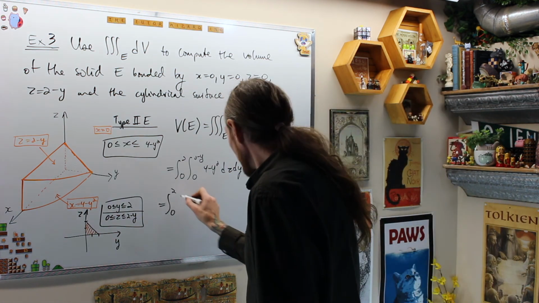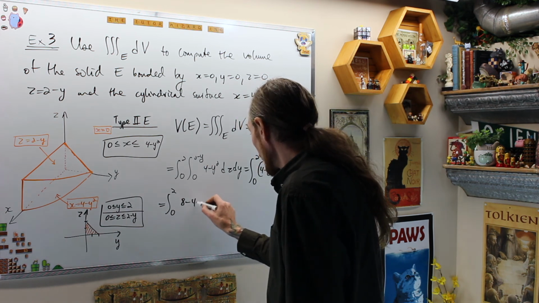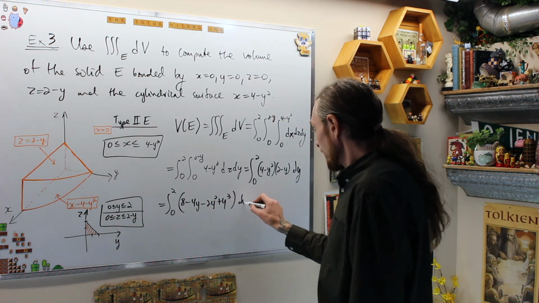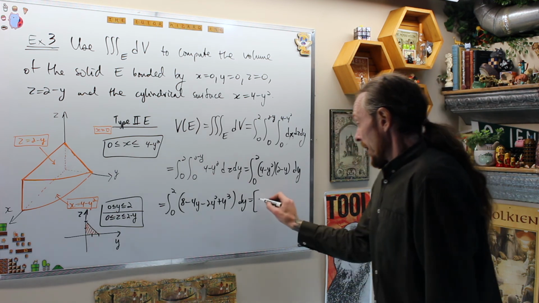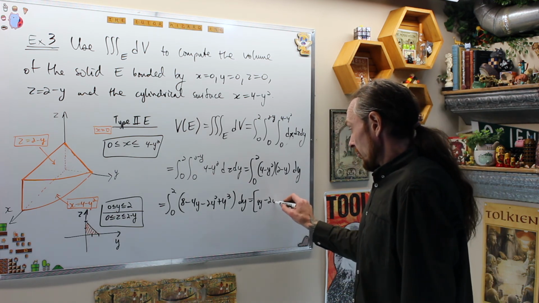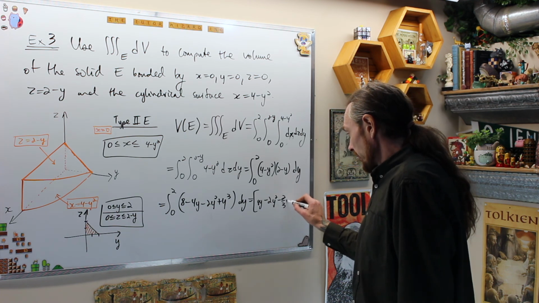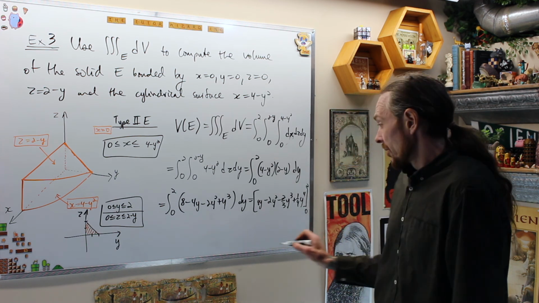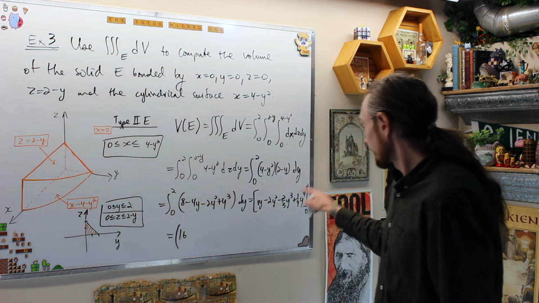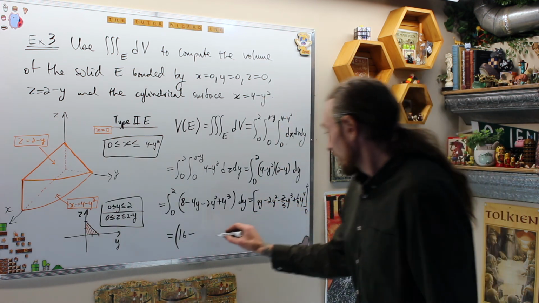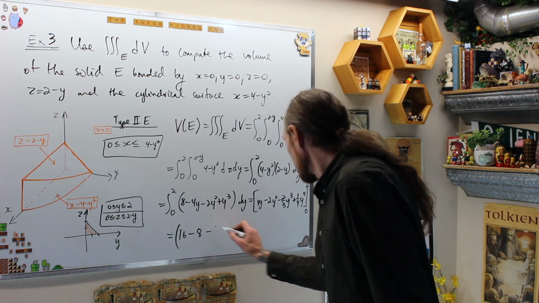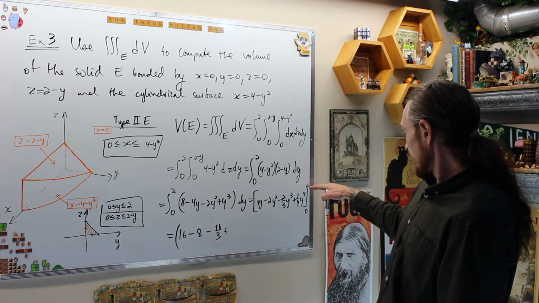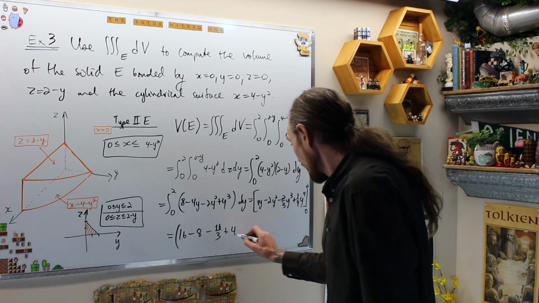I'm going to get the integral from 0 to 2 of 8 minus 4y minus 2y squared plus y cubed dy, which is equal to 8y minus 2y squared minus 2 over 3 y cubed plus 1 over 4 y to the 4th, evaluated from 0 to 2, which is equal to 16 minus 8 minus 16 over 3 plus 16 over 4, which is 4.